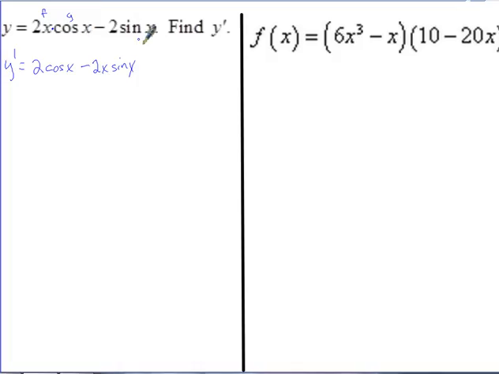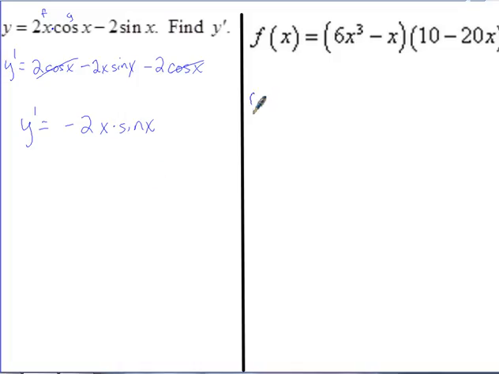And what's the derivative of this back part? The derivative of sine is cosine, and remember the rule is if you have a constant, just leave it. So minus 2 cosine of x. Can I simplify this? I have 2 cosine of x and a minus 2 cosine of x, so they are going to cancel out. So y prime is equal to negative 2x sine of x. A lot of students get tripped up right there because there are two functions there. Notice that they are separate, okay?